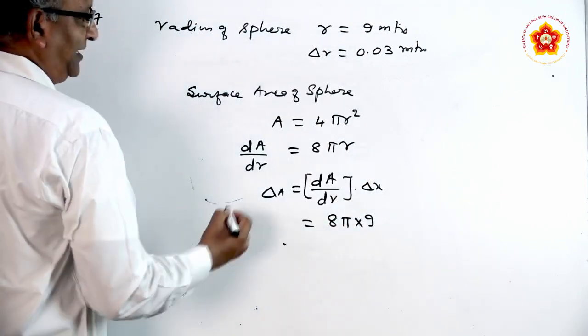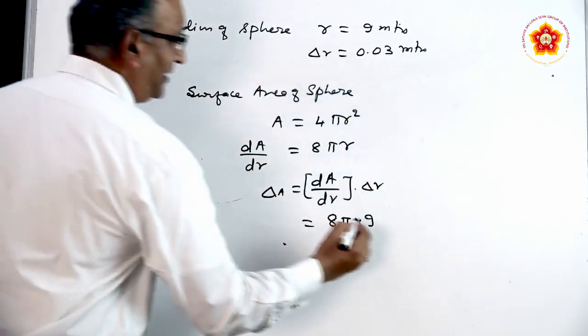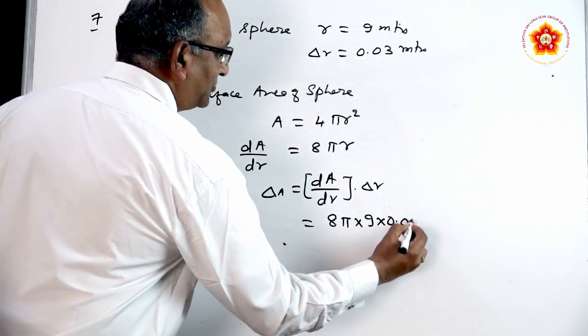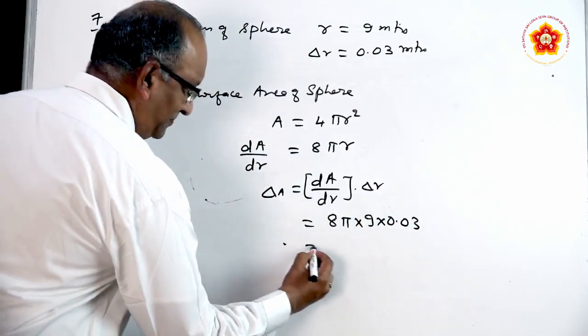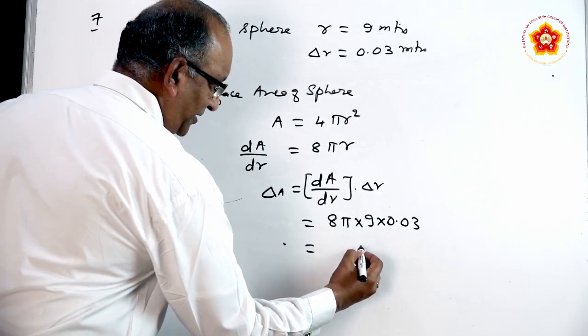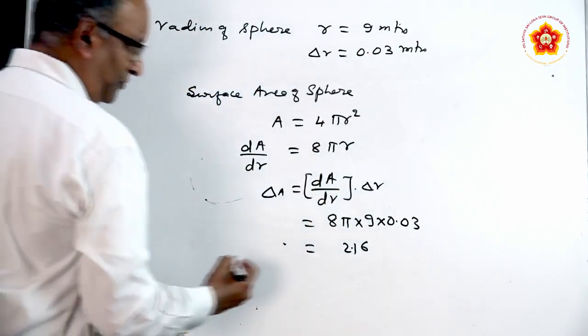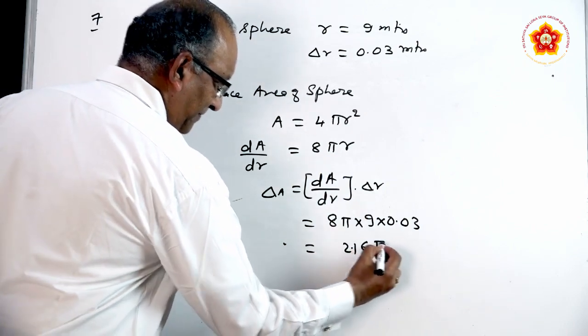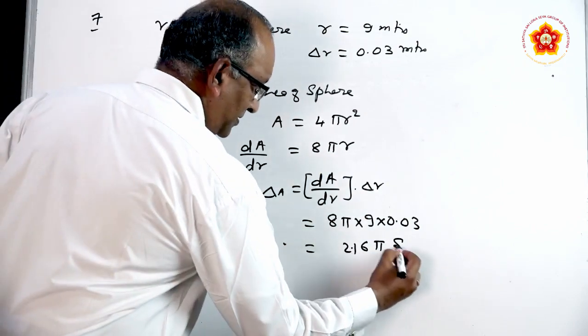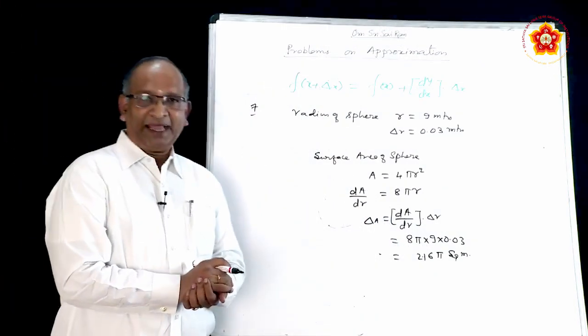And how much is delta r? It is 0.03. Multiply all of them. 8 9s are 72, 72 into 3, 3 2s are 6, 21, 216. Decimal after this, 2.16 pi square meters.